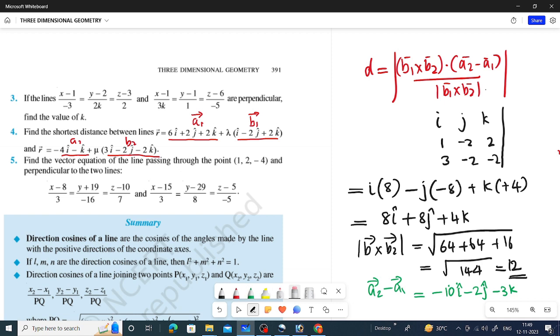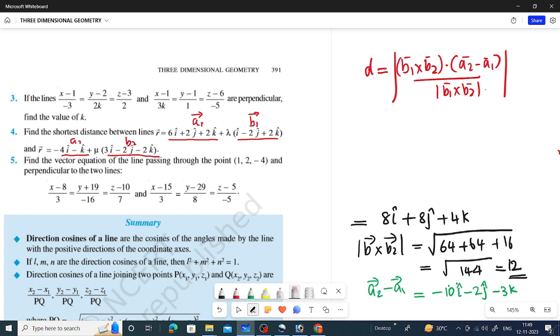So let me erase this part. This is b1 cross b2, so let me substitute it. b1 cross b2 is the vector 8i plus 8j plus 4k, dot a2 minus a1, that is minus 10i minus 2j minus 3k, all divided by the b1 cross b2 magnitude, that is the number 12.